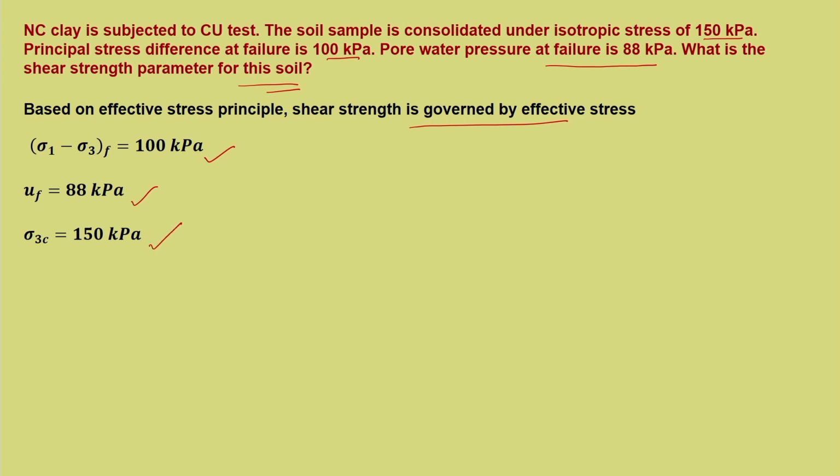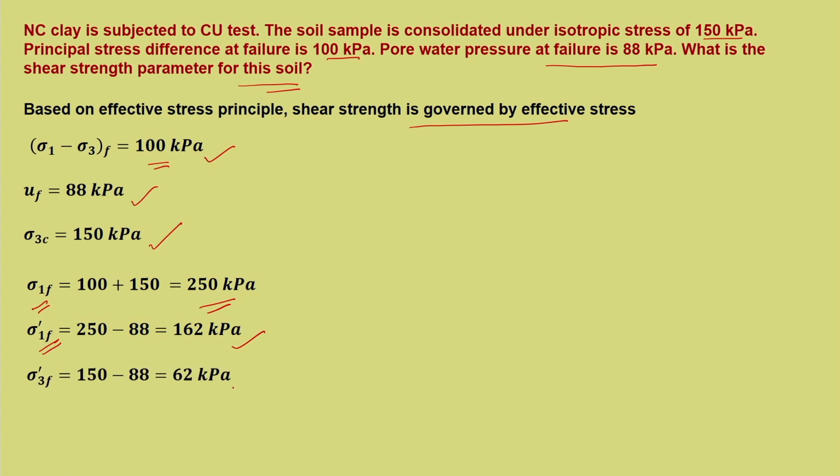So, this much is given, and these are in terms of total stress. So, sigma 1 f, from this particular equation, is equal to 250 kilopascal. You are just adding sigma 3 c to it. Sigma 1 dash f, minus pore water pressure, is 162 kilopascal, and sigma 3 dash f is equal to 62 kilopascal.